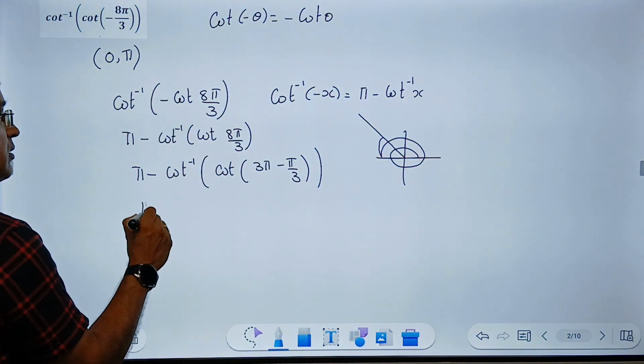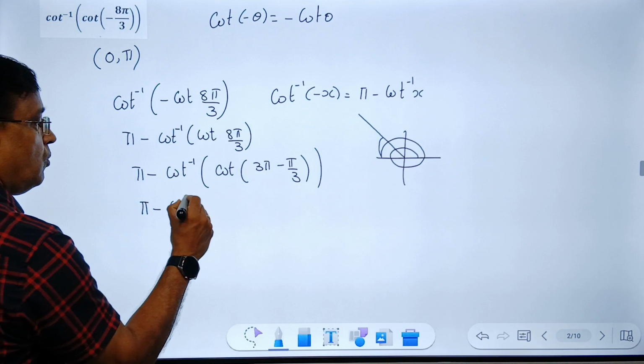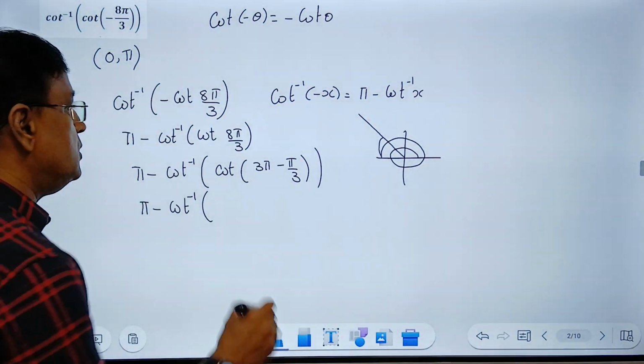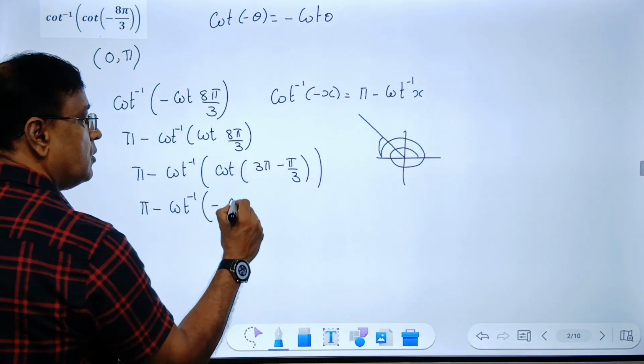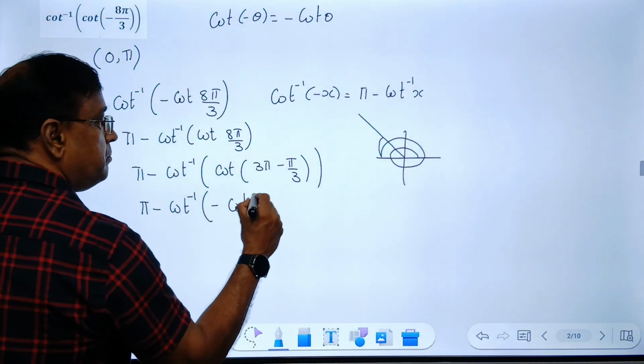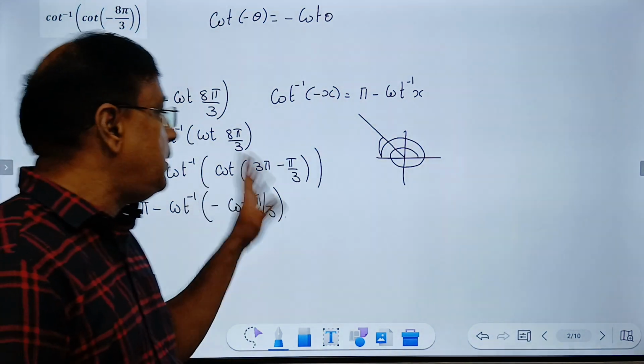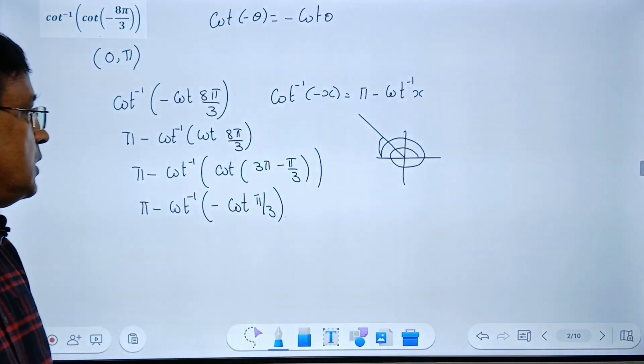In the second quadrant, what do you say about cot? Cot is negative. So it is minus cot pi by 3. Correct?